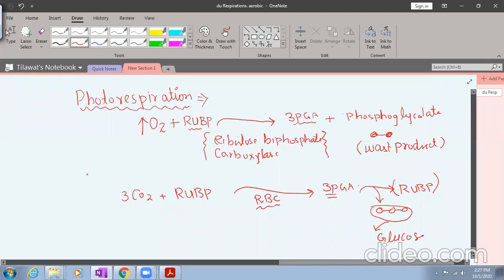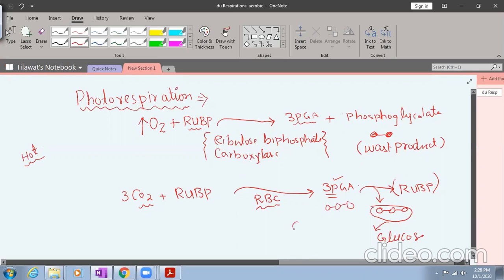But what happens to some plants, those plants that are living in hard conditions? They are facing problems. Remember here, that's the first product I am talking about. Carbon dioxide plus RuBP: this first form is a 3-carbon molecule, made by ribulose bisphosphate.